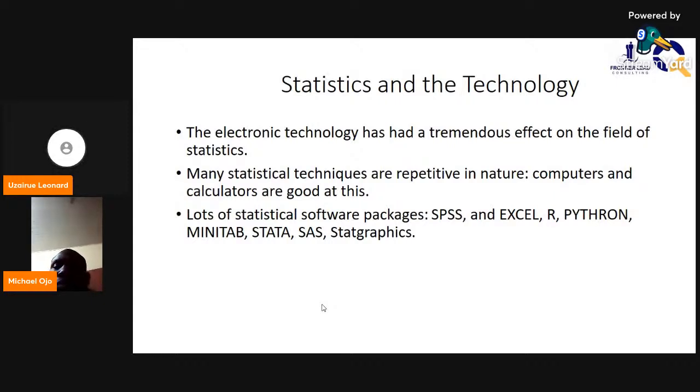Like I mentioned yesterday, there are a whole lot of technologies available for you to use as a statistician. Some of those software are SPSS and Excel, R, Python, Minitab, Stata, SAS, and a whole lot of other software available for analysis.